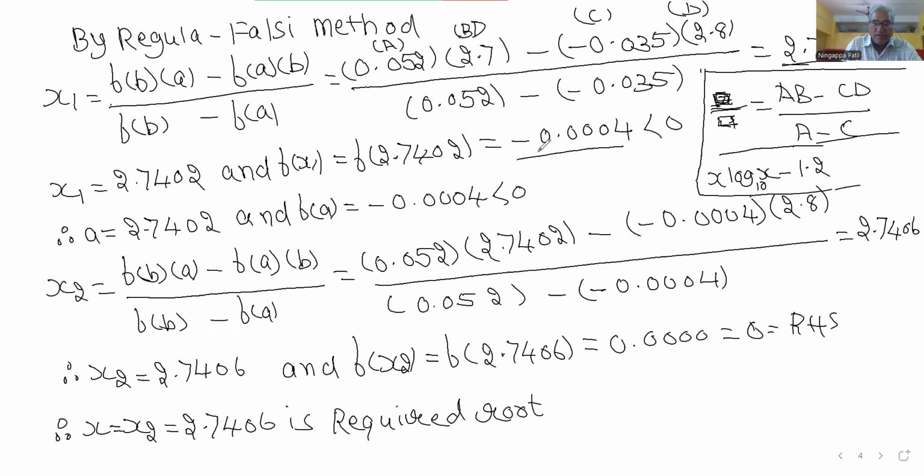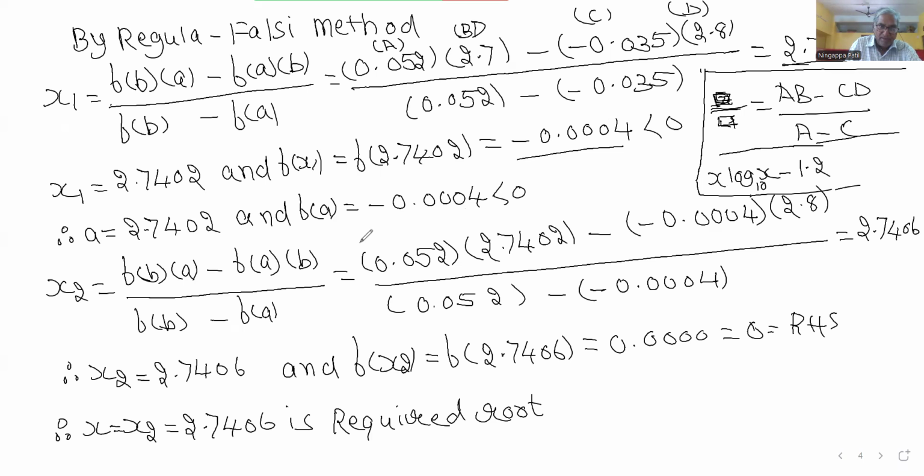Okay. Now, this is the earlier A value, minus, look here, minus value. This is also minus 0.03035. It is 0.004. It means this value is smaller than this. Now this becomes the new f(A) and this is A. Therefore A equal to 2.7402 and f(A) equal to this new value.